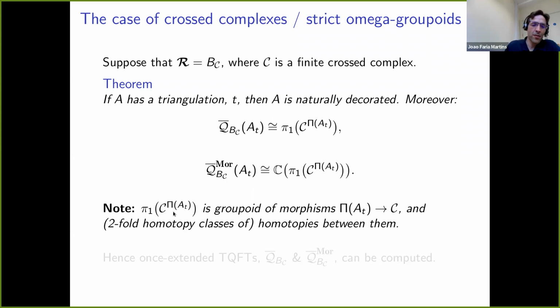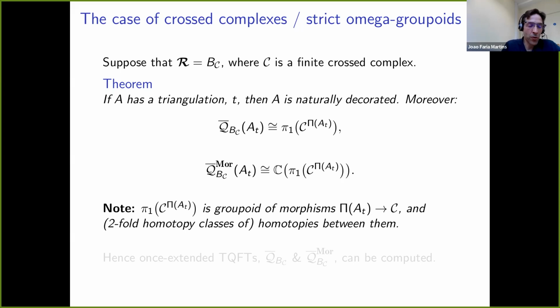So what is the groupoid you associate to a triangulated manifold? The groupoid of crossed complex morphisms from the fundamental crossed complex with triangulation into C, and morphisms between morphisms, so this is an internal hom, are two-fold homotopy classes of homotopies between crossed complex maps.